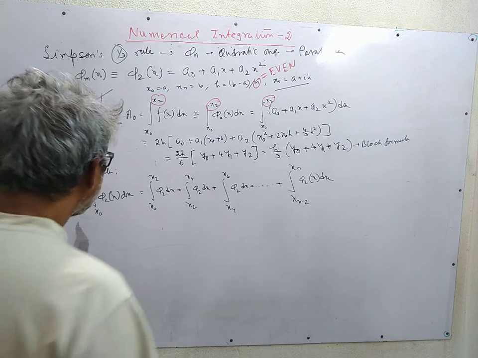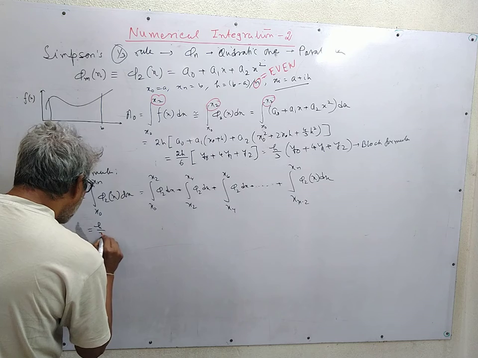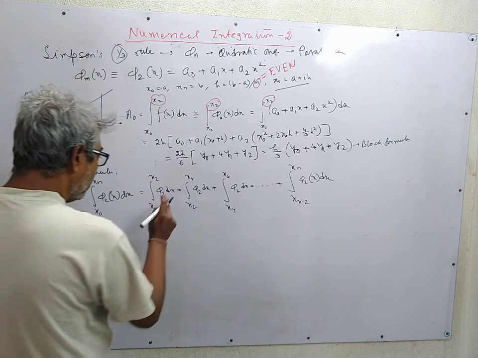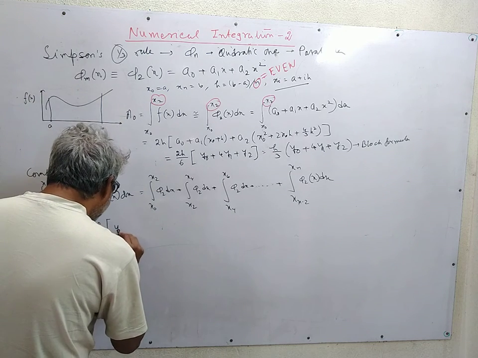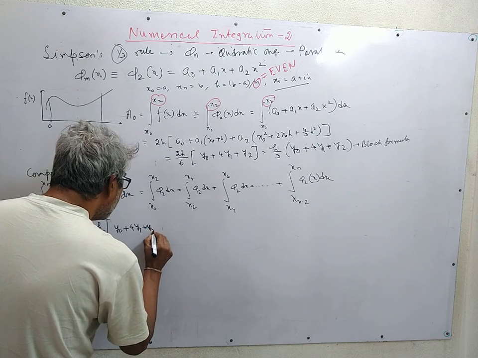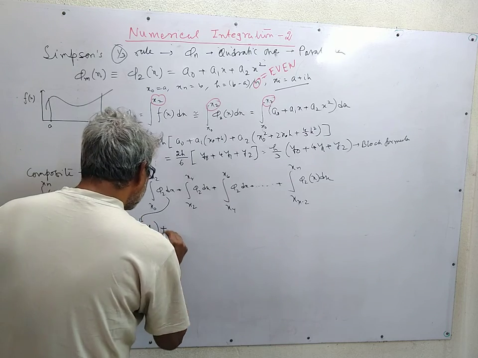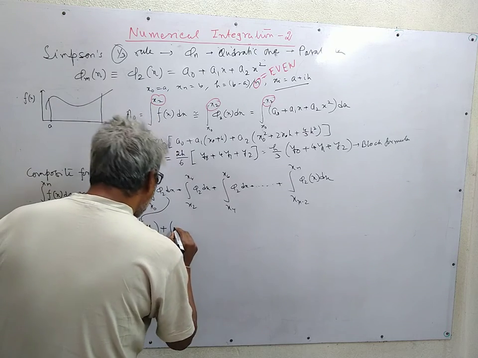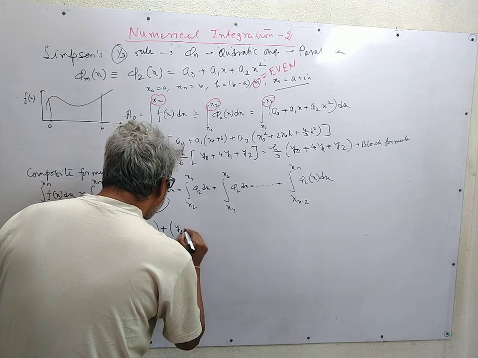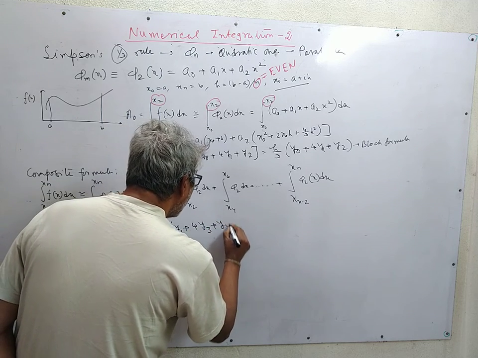And for each step we write h by 3 is common. For this we have y0 plus 4y1 plus y2. This is from this contribution. For the next contribution, it will start with y2 plus 4y3 plus y4.